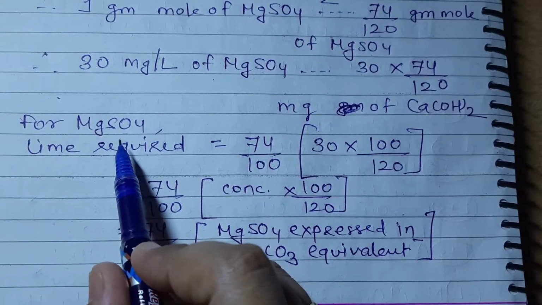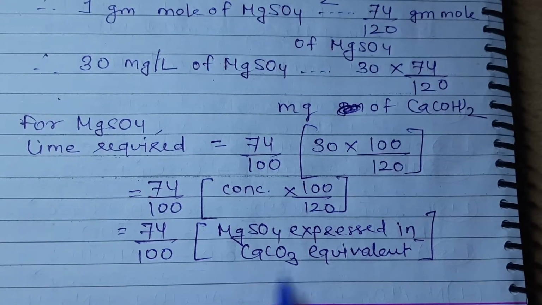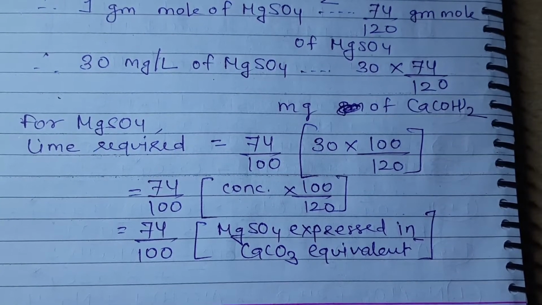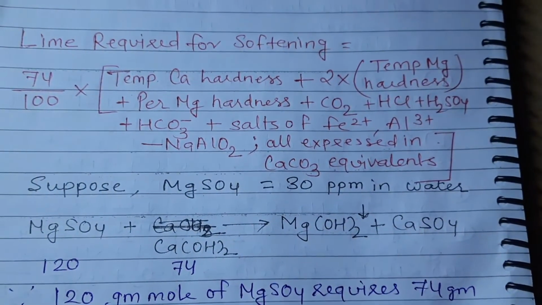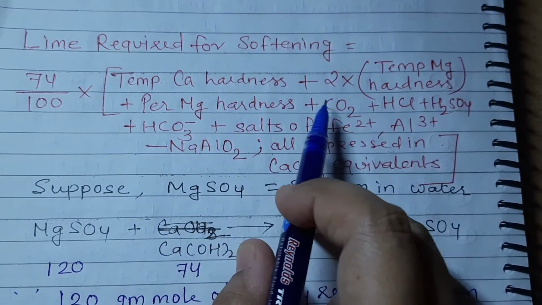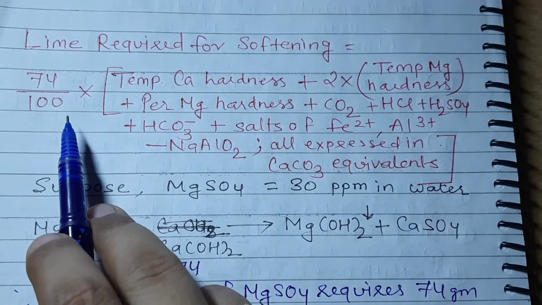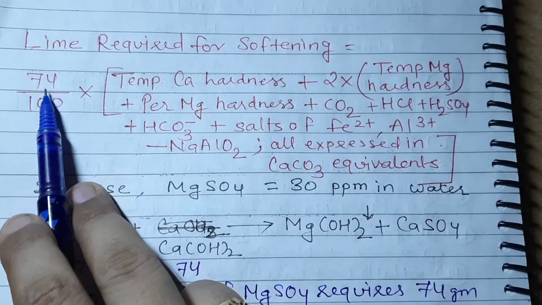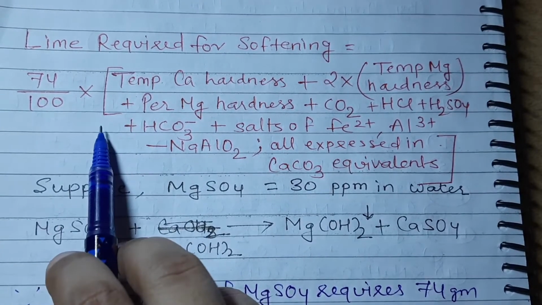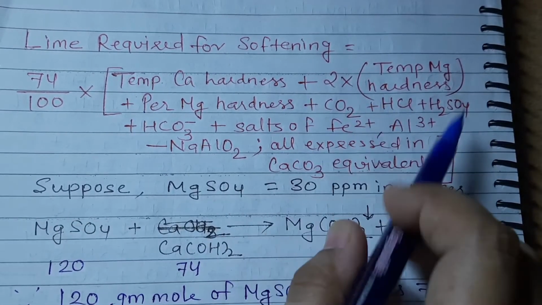If only magnesium sulfate is present, we can use this formula, but if multiple types of impurities are present in water, then you require separate calculations and they are added. So here you can see a combined formula in which 74 upon 100 is taken outside the bracket and we have put all the quantities inside the bracket.